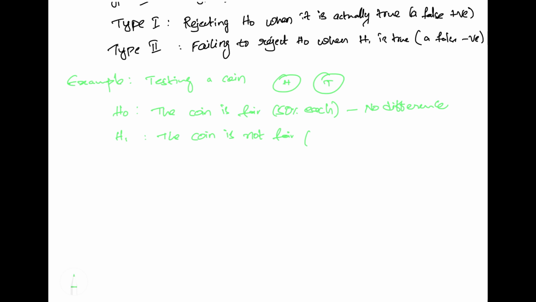So the chance of heads is not 50%, or the chance of tails is not 50%. In other words, we are saying there is a difference.